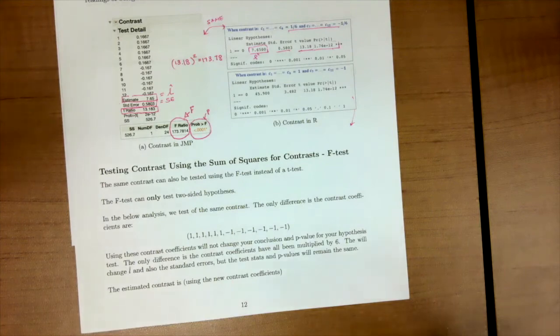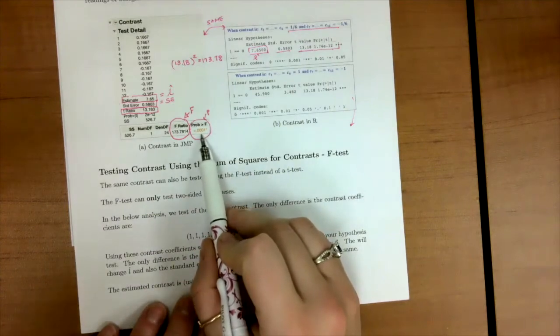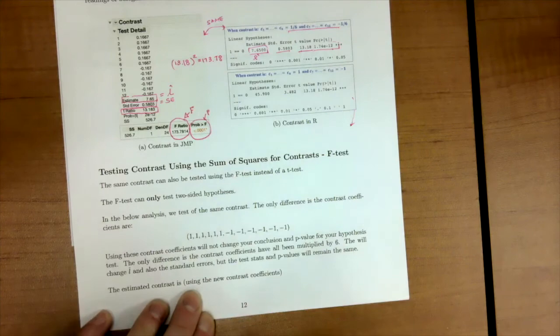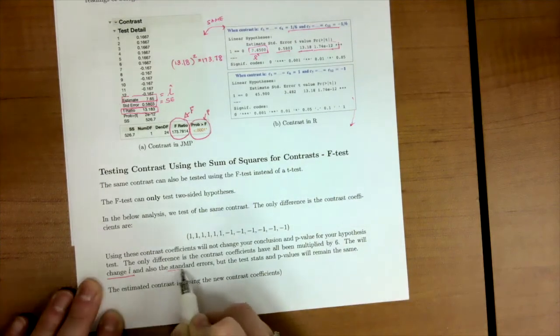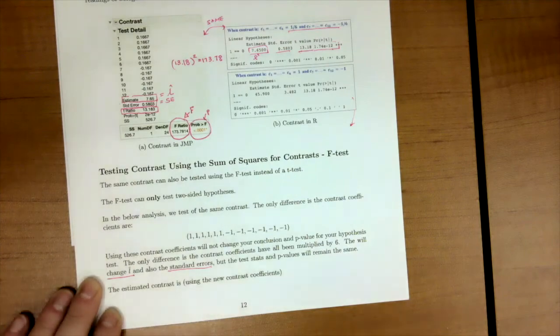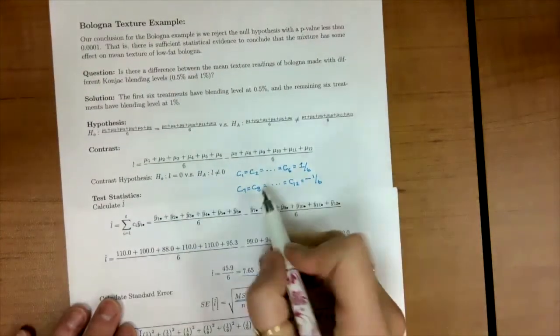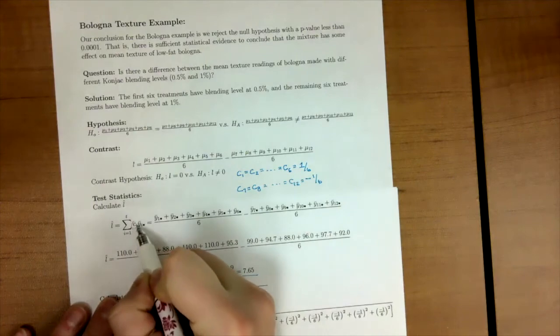But we're going to get the same answers in terms of our t-value, our f-value, and our p-value. What's going to change, the only difference, is your L hat and your standard error will change. And let's think about that. If we come back here, when we go through our calculations, and so instead of using 1/6, we use 1, that's going to come into impact here.